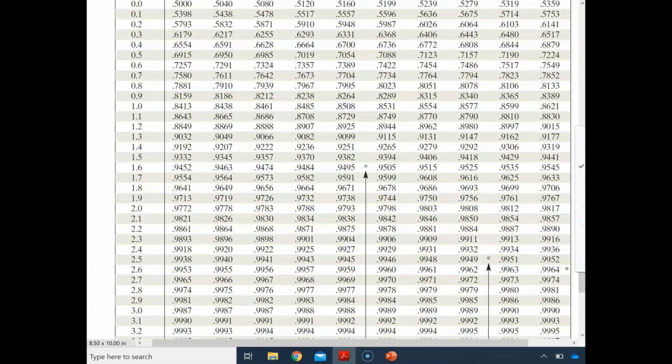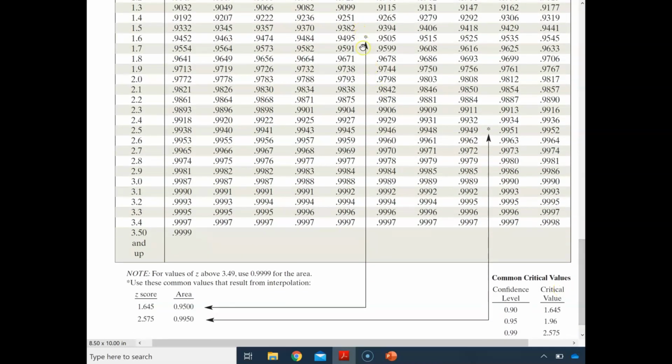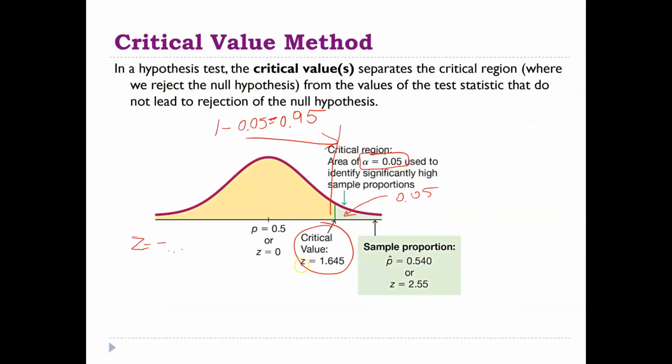Remember the areas or probabilities located in the middle of the table. Here we go, 0.9495 and 0.9505. Our 0.95 will be located in between these two scores. And we can scroll down. The z-score is equal to 1.645. Let's write it down. Our z-score is positive 1.645, and it's positive because it's located to the right of the mean.